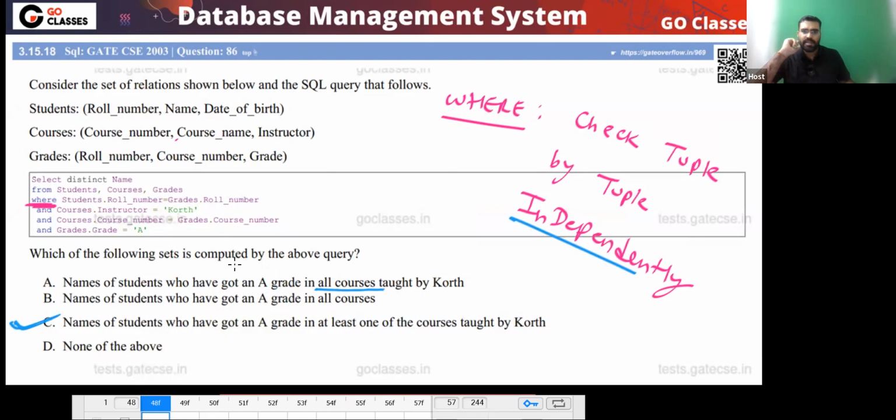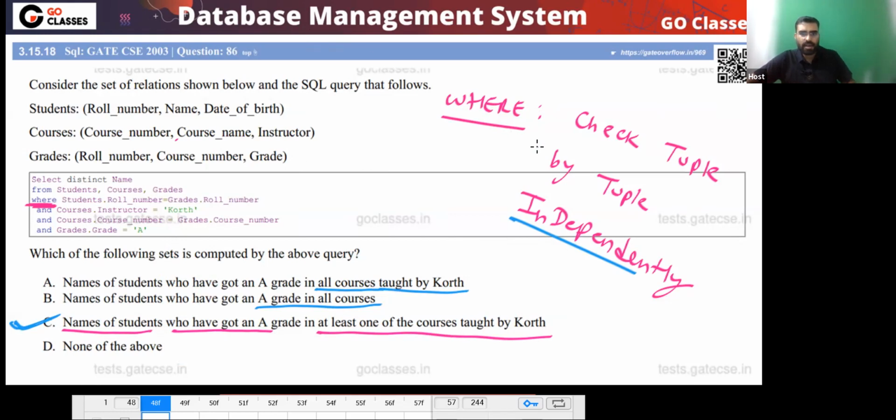We only need those students who got grade A in at least one course which is taught by Korth. This is your answer. Okay, so very simple. You can write this.